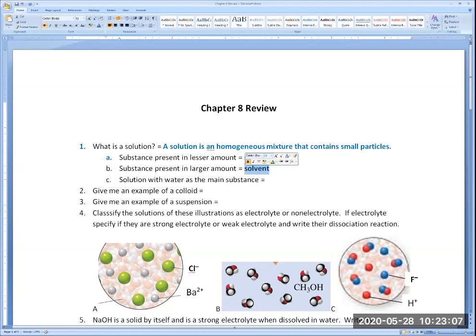For example, when you are cooking, you put salt in water. So you're making a solution. Salt would be your solute, and the water is your solvent. But if you have a spoon of salt and you put just one drop of water in there, then the solvent would be your salt and the drop of water would be your solute, right? It's all a matter of proportions.